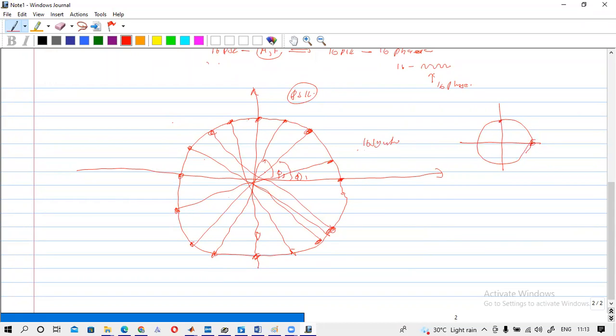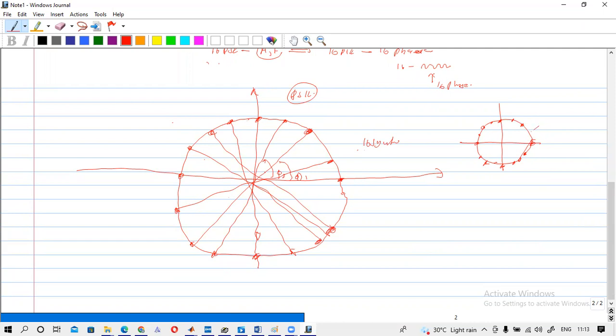The points will be here, here, here, here, four, and again here, here, and here, eight. And here, here, here, here, here, here. So 16 points are here. So the decision region will be like this.